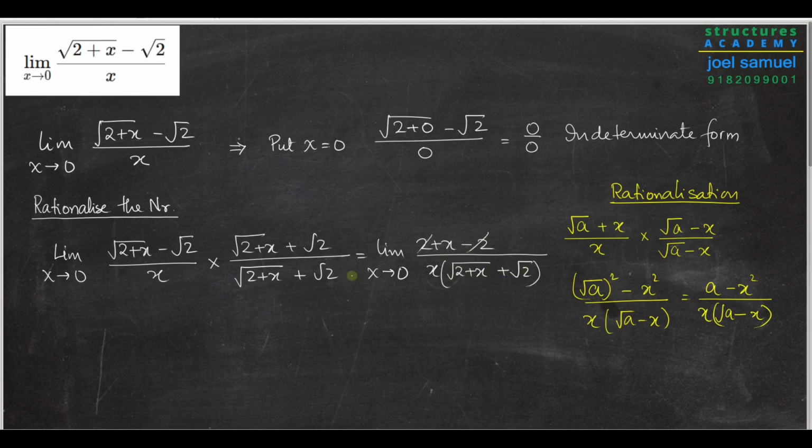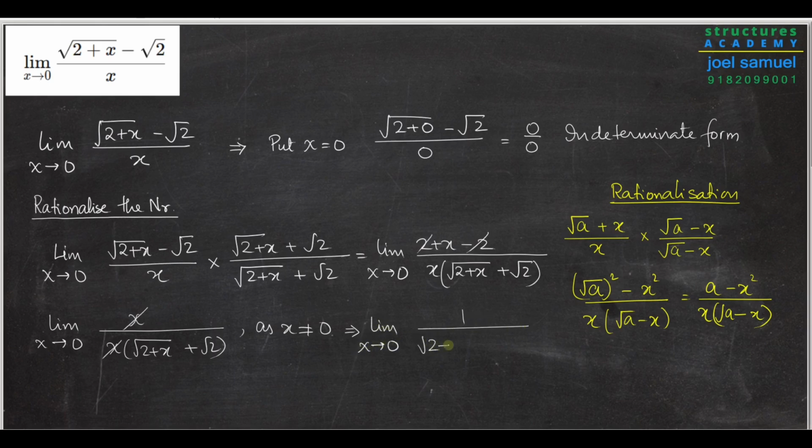So the 2 and 2 get cancelled, and I am left with the limit as x approaches 0 of x divided by x into (root of 2 plus x plus root 2). So now I can cancel the x's and declare x is not equal to 0, which leaves me with the limit as x approaches 0 of 1 upon (root of 2 plus x plus root 2). Now I can safely substitute x equal to 0 here.